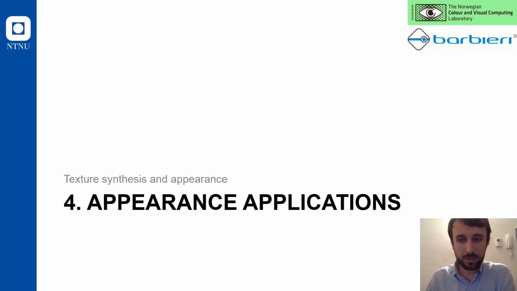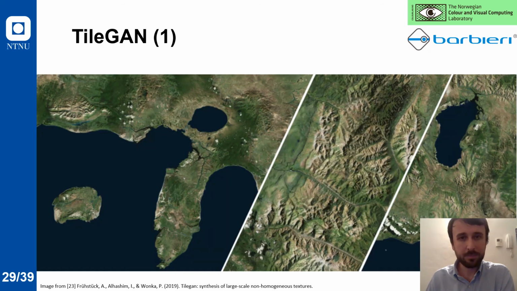To conclude, I wanted to mention various applications of the techniques that we have described, and in general of texture synthesis, and in particular to the field of appearance and texture appearance. One of the drawbacks of GANs is that they are very difficult to explain and to control. Various recent papers tried to achieve user control.